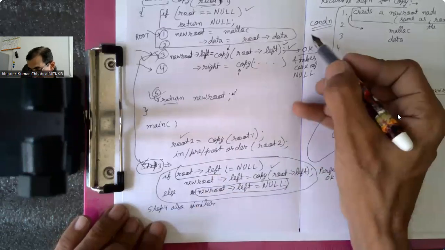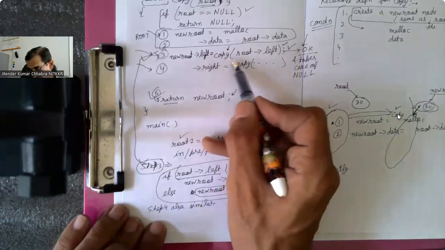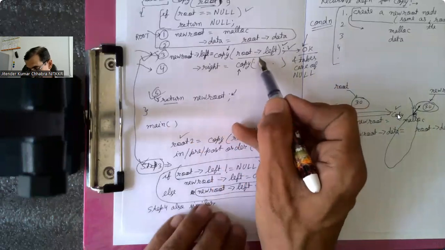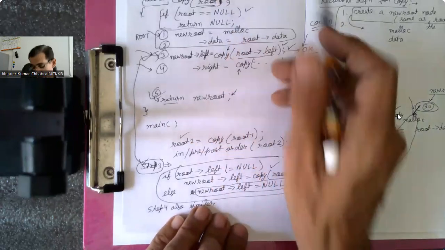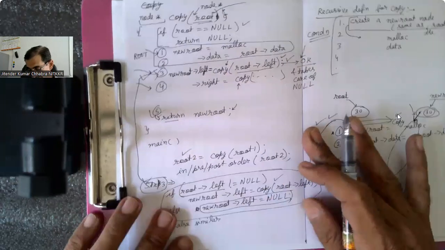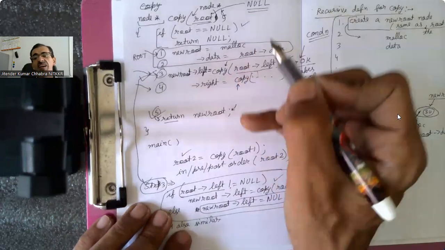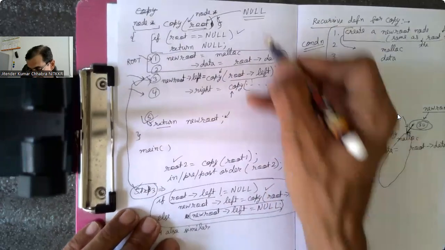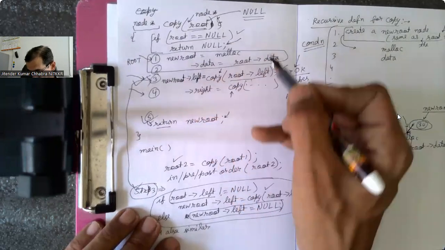Will this be equivalently done via this? Let's see. If, let's say, root arrow left is null, a recursion call is made here with this being passed as null. If a recursion call comes here with null, immediately it will mean root equal to null, return null.